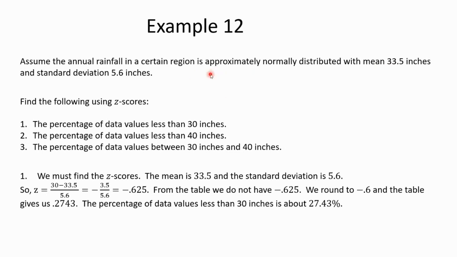Let's find the percentage of data values less than 30 inches. We're also going to get the percentage of data values less than 40 inches and the percentage of data values between 30 and 40 inches.